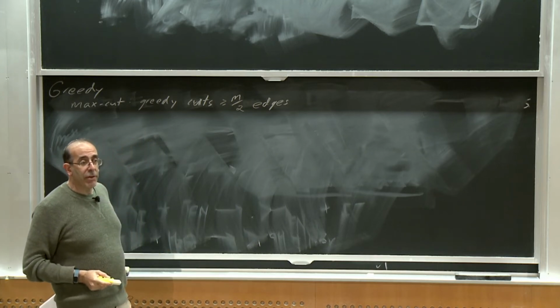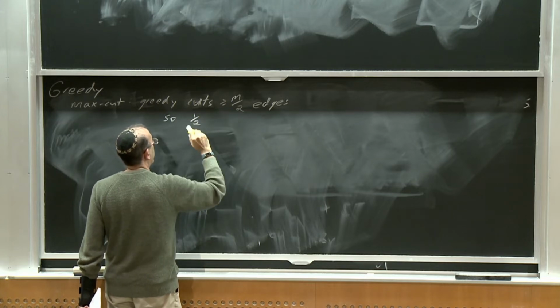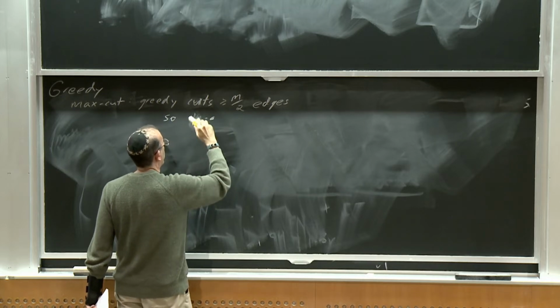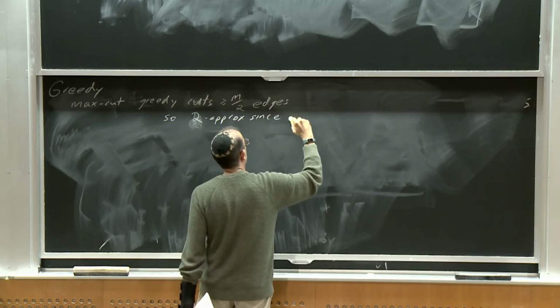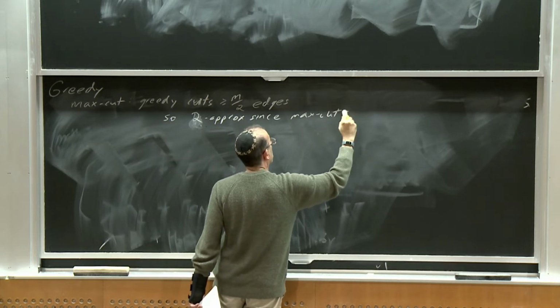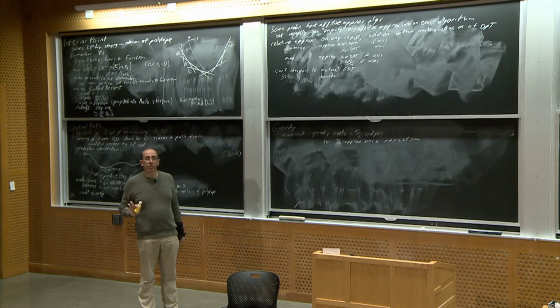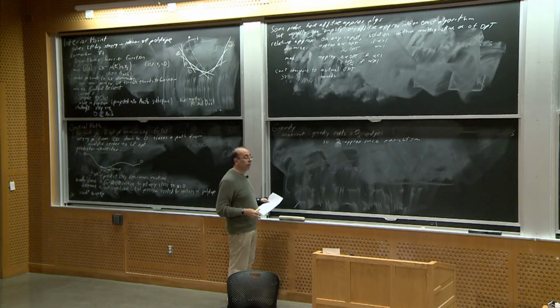And if it's cutting at least half of the edges of the graph, then since m is an upper bound on the max cut, that makes this a 2 approximation, since the max cut is at most m. And that's where we left off last time. So were there any questions about that past stuff before we pick up from there? Okay, so let's just dive in and start looking at another greedy algorithm solution.